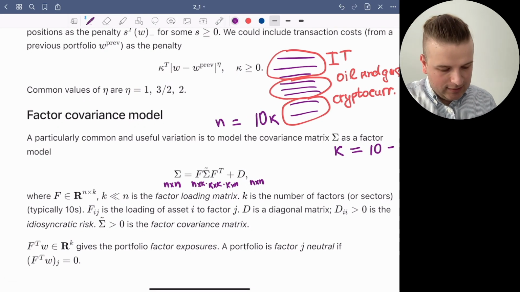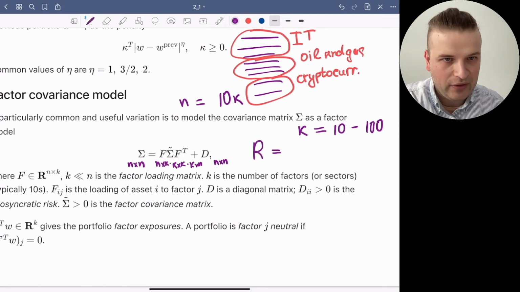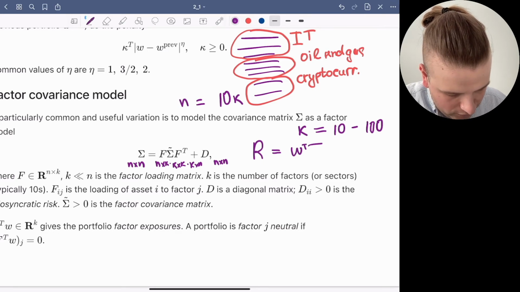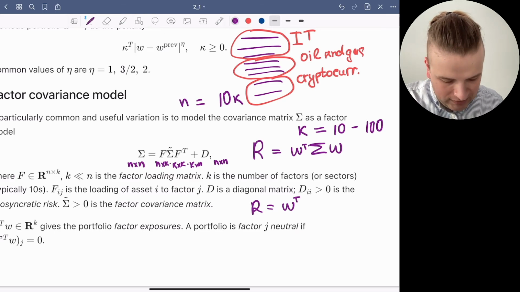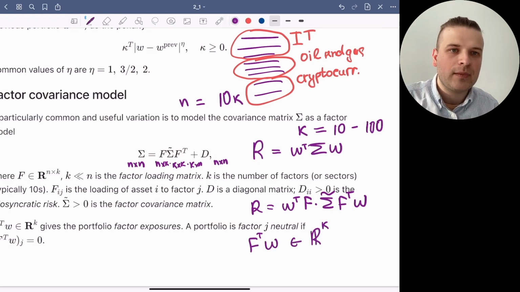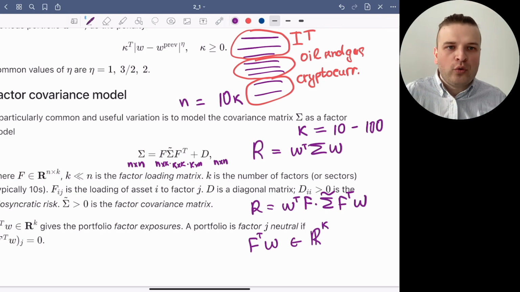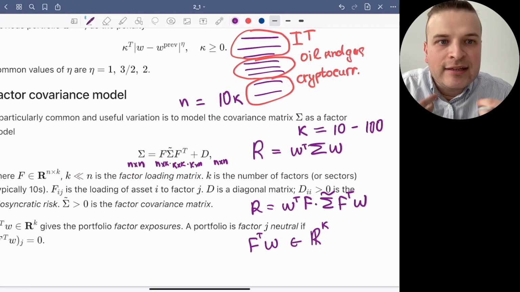Okay, and what's interesting here is the risk. Before this factorization the risk was as before, but now the risk is W transpose multiplied by F multiplied by sigma with a wave multiplied by F transpose W, which means that F transpose W is a k-dimensional vector, which means your investment vector in different sectors, not individual assets.